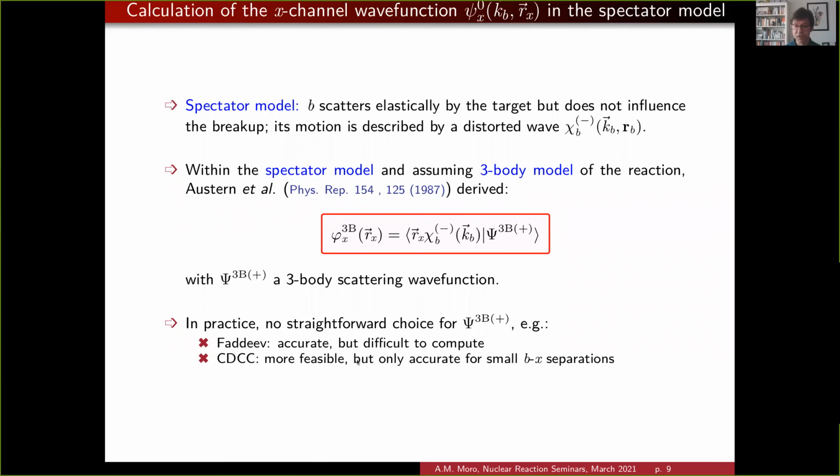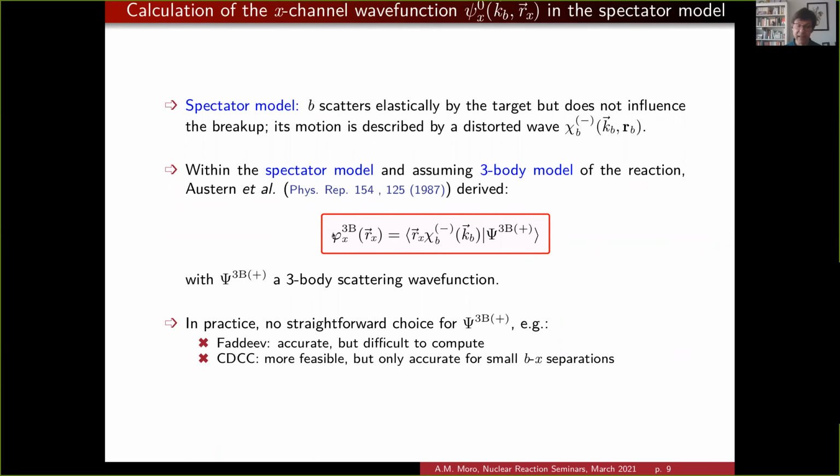This function is known to be accurate for small Bx separations, but it's not necessarily accurate for all the range of separations of this coordinate. So, in practice, we may not get an accurate form for this function.